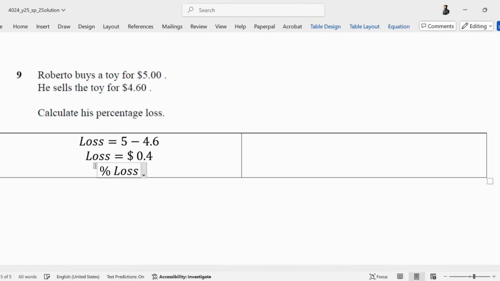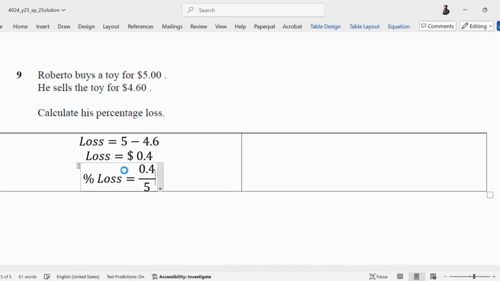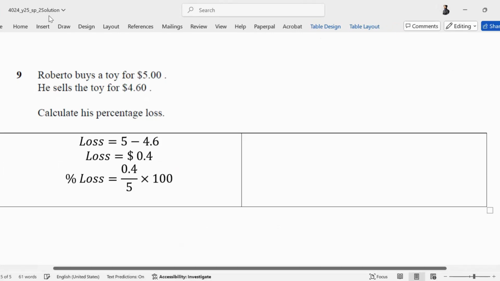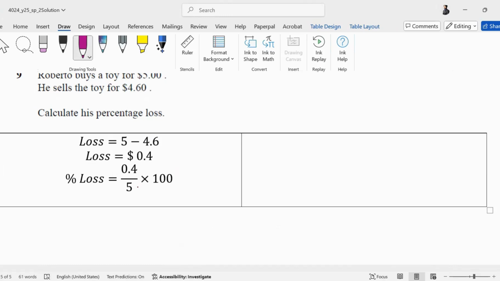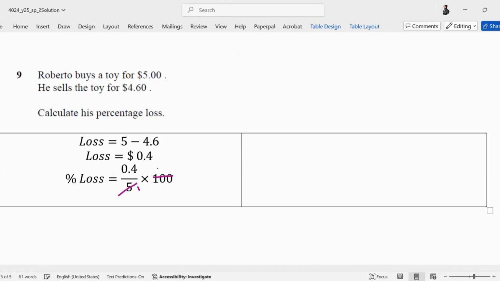Now, percentage loss, I'll take the loss, which is 0.4, divided by the original value, which was 5, and then multiply it by 100. So now we can easily cancel these out. 5 ones are 5 and 5 20s are 100. So 20 into 0.4, 20 multiplied by 0.4.